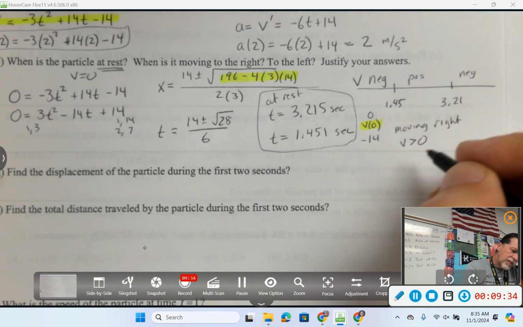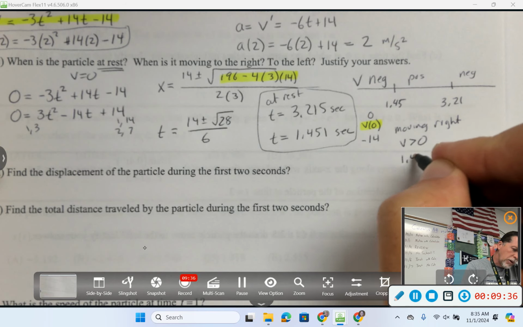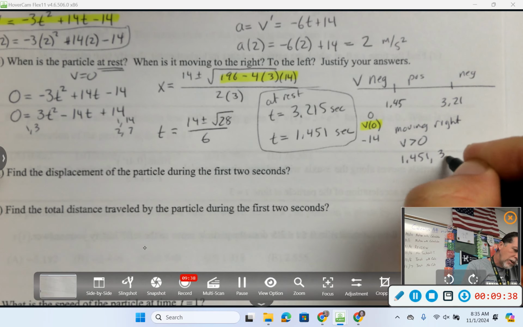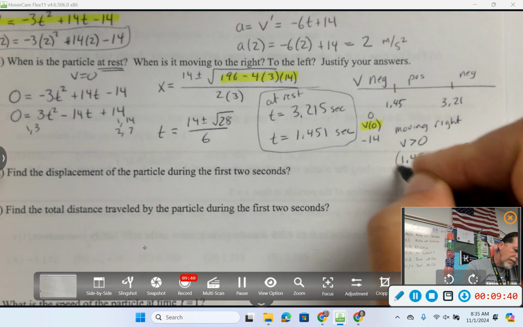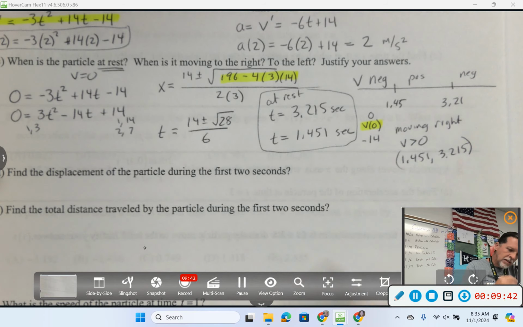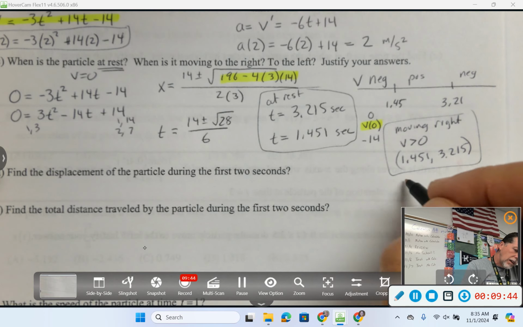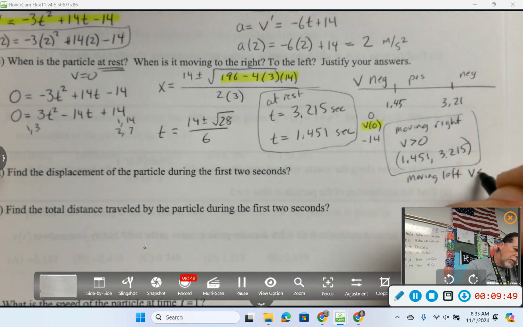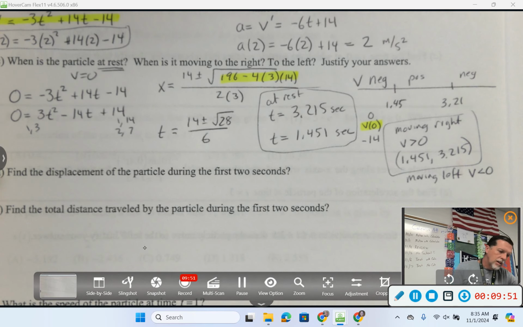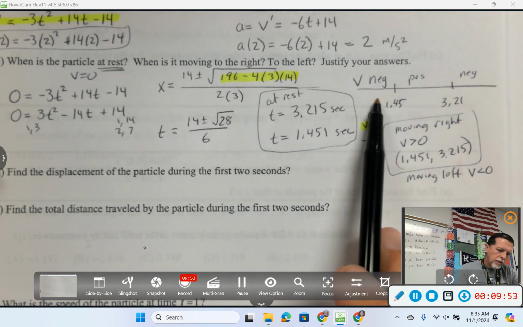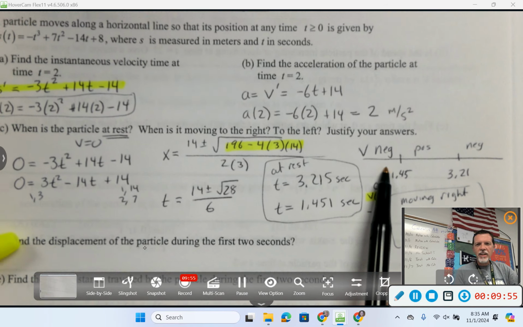V is positive. That would be from 1.451 to 3.215. Moving left then would be when V is negative. I'm curious about how far left I start.